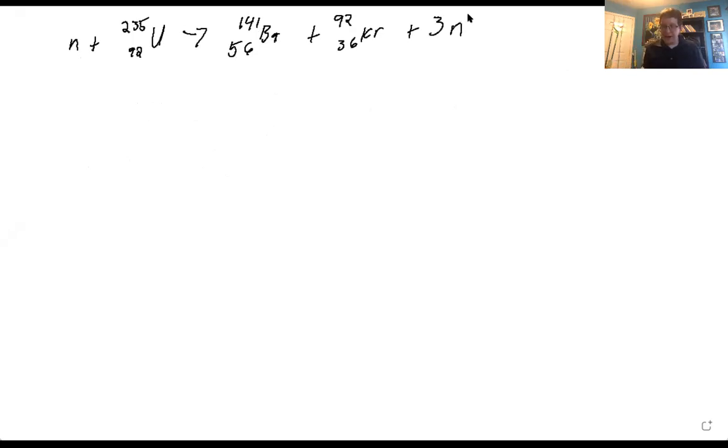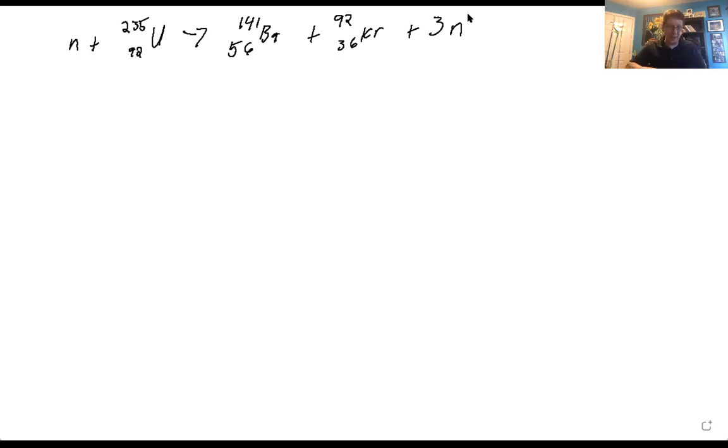And you want to figure out the Q value. And remember, we've already been told the film said it was on the order of 200 mega electron volts. So we'll see how close an estimate that is.